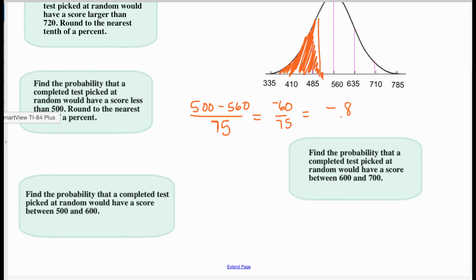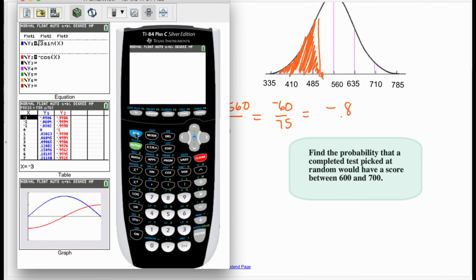So I can come into my calculator. I'm going to do this by z-score. My lower is a really small number because I'm looking for my area below. Negative 1, see how the calculator already put that in? I'm going to leave that. My upper is negative 0.8. My average is 0. My standard deviation is 1 because we're doing z-scores, and that's what z-scores are based on.